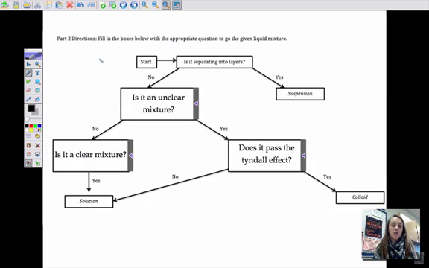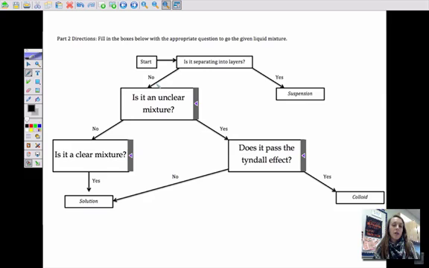On the back of your note sheet, we want you to fill in this flow chart. This is going to help you immensely when we start our determining liquid mixtures lab. So for example, you're going to start here, and if your mixture is separating into layers, yes, then it's going to be a suspension. Again, those are really easy to identify without the chart.